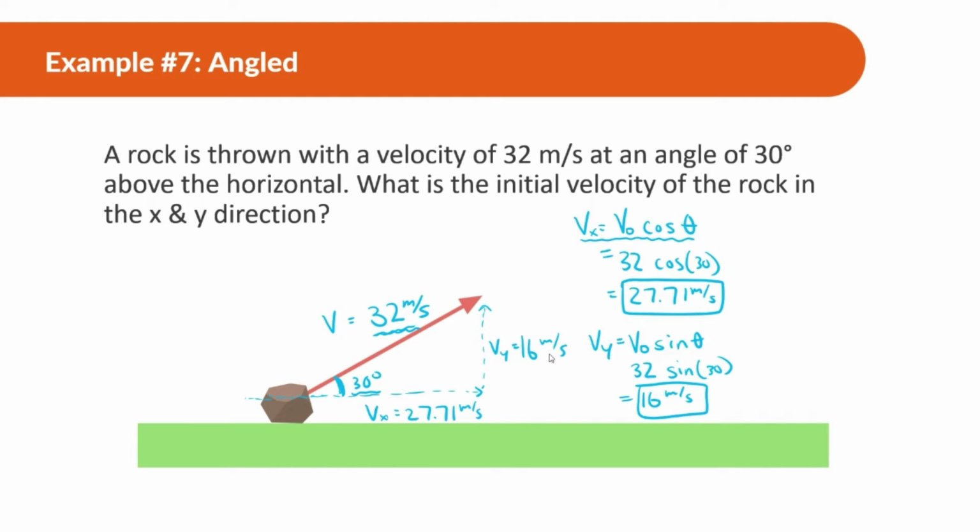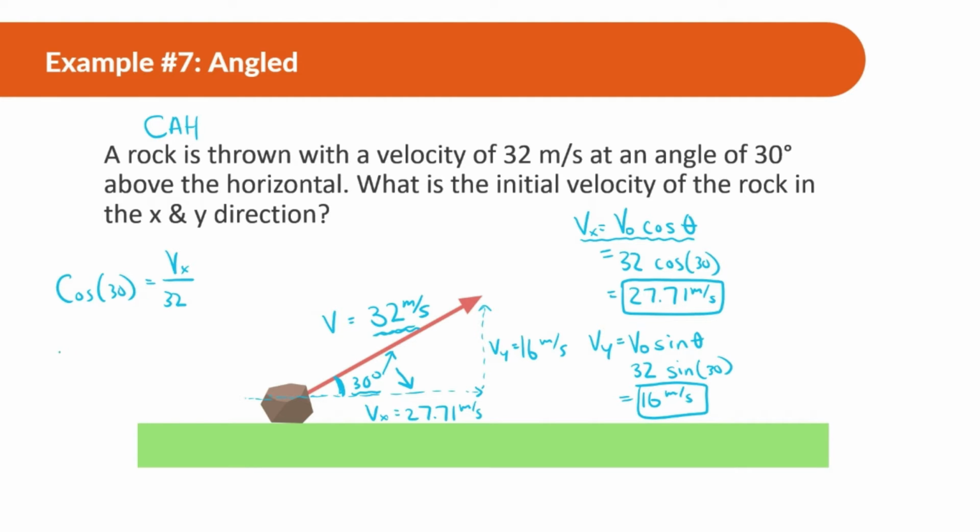We can also use SOHCAHTOA. For example, I'll use cosine for this one. CAH: cosine of 30 is equal to adjacent, which is the velocity in the x, divided by the hypotenuse, which is 32.